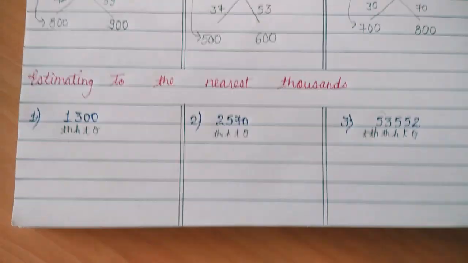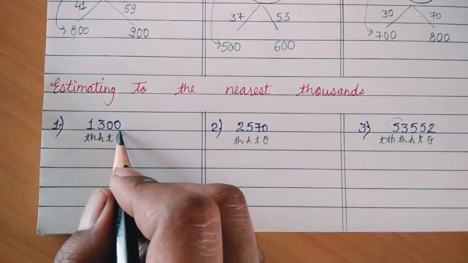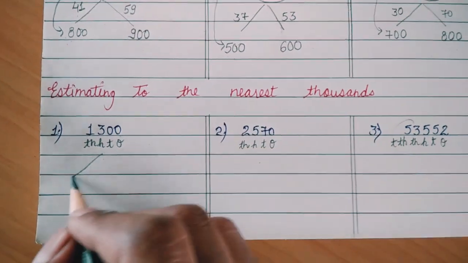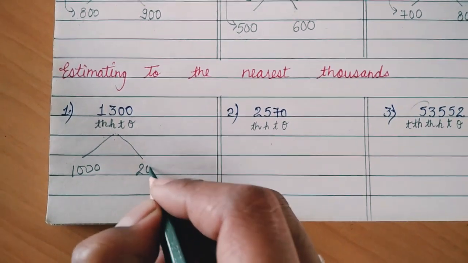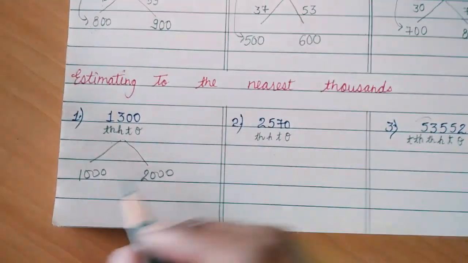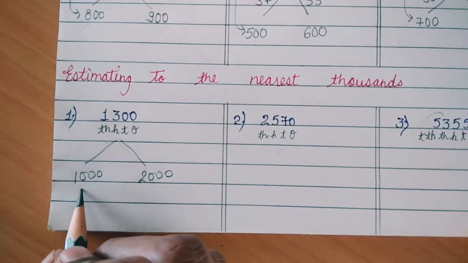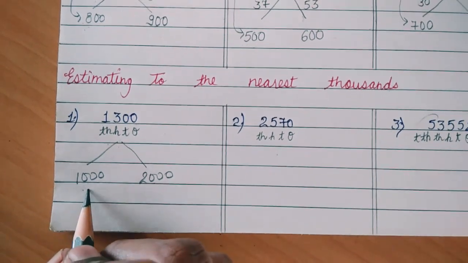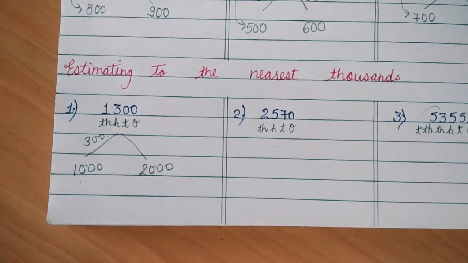Now we will do the first one. According to the 1000 place, 1300 is coming in between 1000 and 2000. We are doing the estimation to 1000, that's why we will see the 1000 places. When we are moving from 1000, we have to take 300 steps to reach 1300.